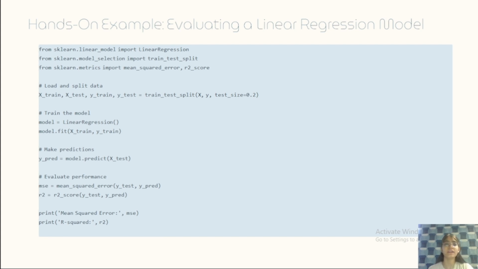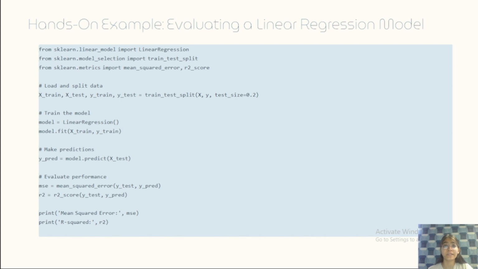In load and split data, we are initializing the variables x_train, x_test, y_train, and y_test with a test size of 0.2. Now we are training the model. Here LinearRegression is the function we are using to train the model, and we are making predictions using model.predict on x_test.